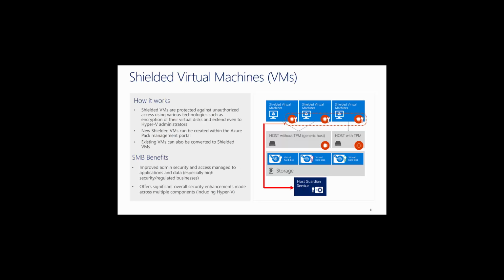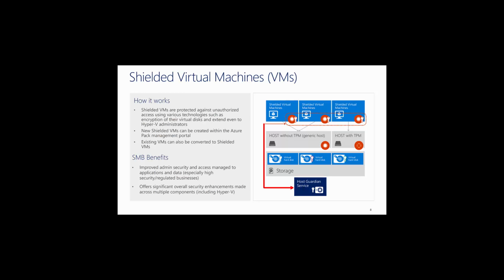So these keys are never revealed to anyone or anything other than the VM that they're protecting. These keys are necessary when you're powering on or doing live migrations of a shielded VM, for example. And one of the required pieces here is the host guardian service. So this is an important piece of that overall security story.